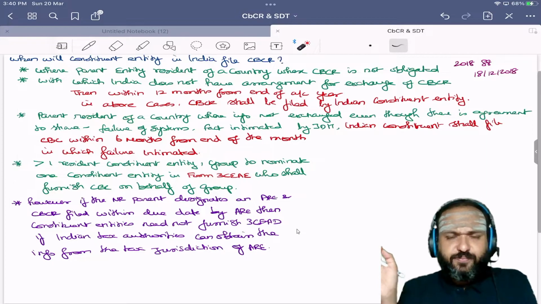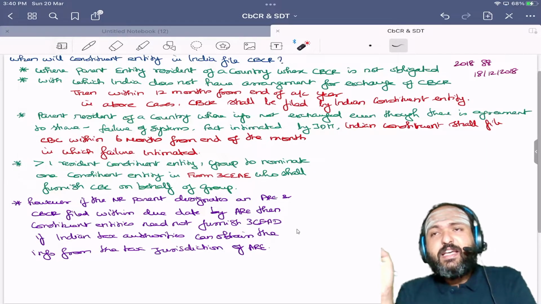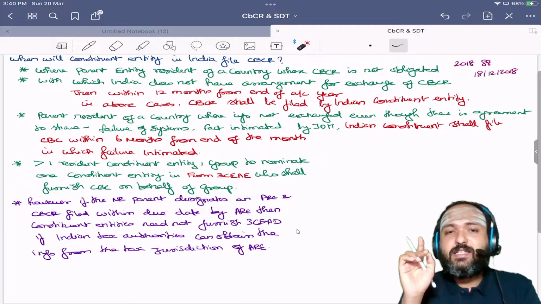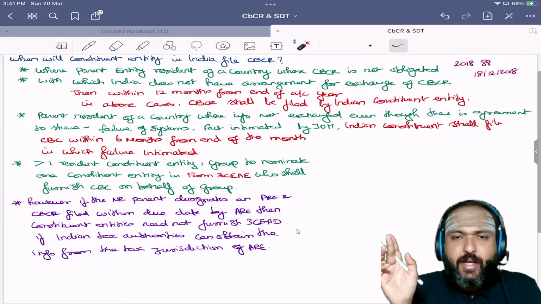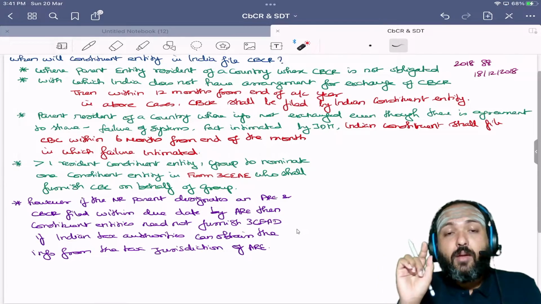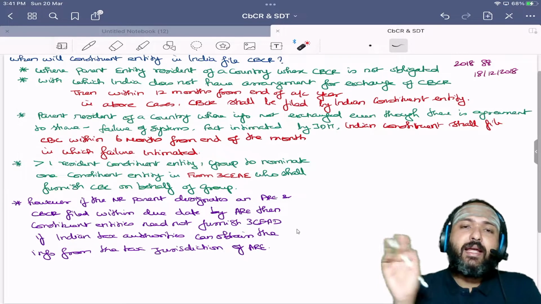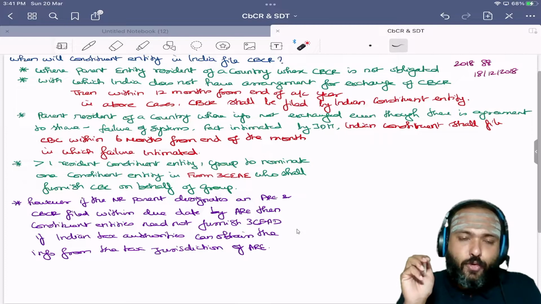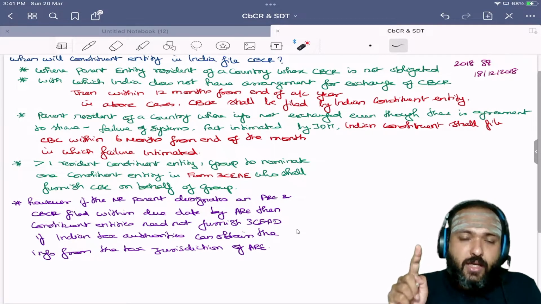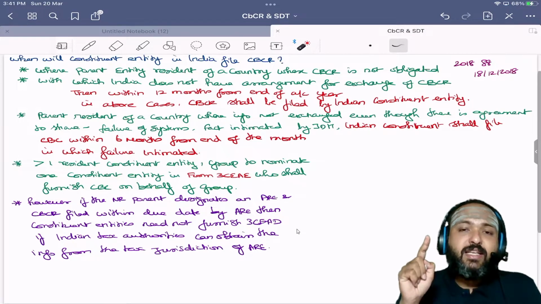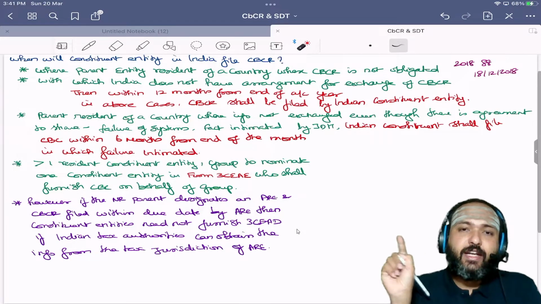If Cayman Islands appoints someone in some other country or in India as an alternate reporting entity, it is okay, no problem. However, if Cayman Islands has not appointed such an alternate reporting entity, then within 12 months from the end of the accounting year, in both the cases, CBCR shall be filed by the Indian constituent entity.